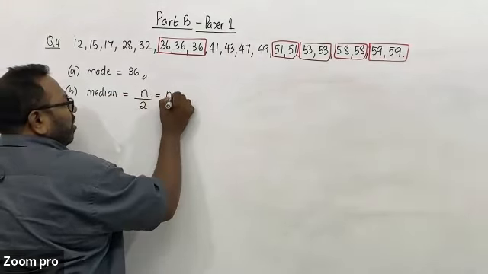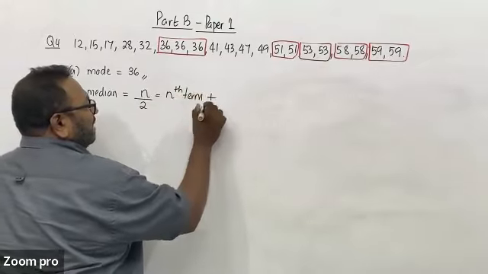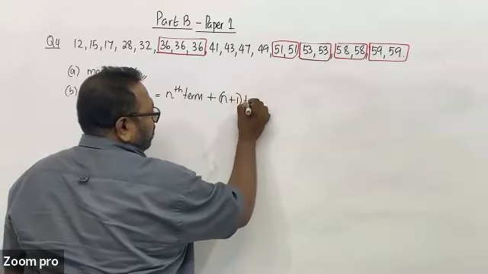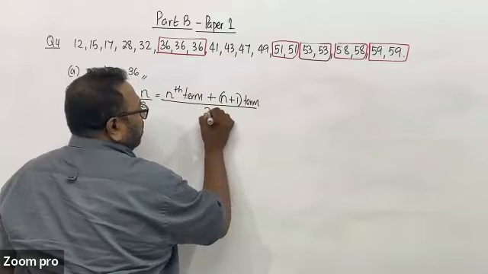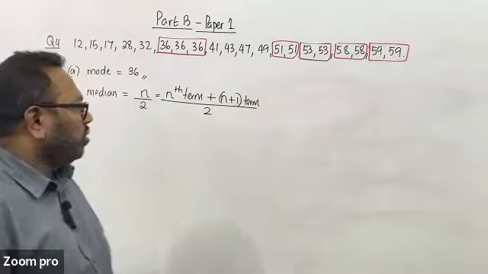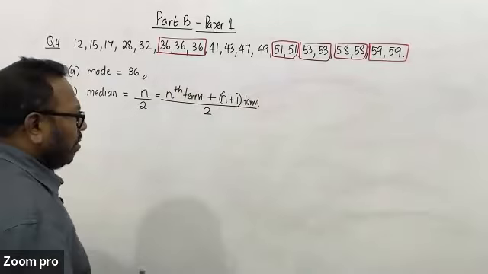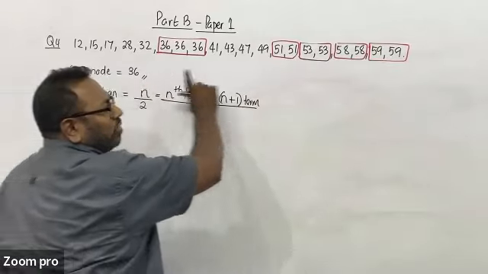So you're going to get your nth term plus your n plus 1 term, divided by 2. Okay. So this is the formula you're going to use. So what do we mean by this n and n plus 1 scenario? N is the number of terms. So in this data set, how many do you have?